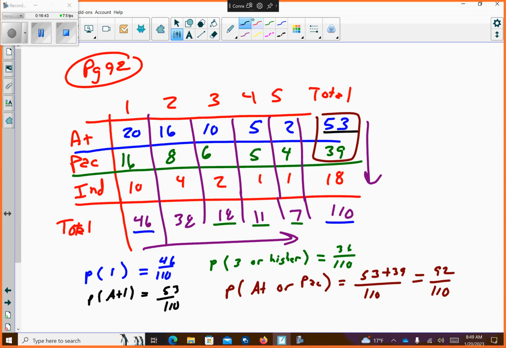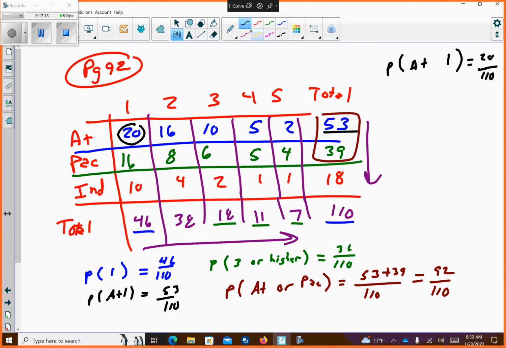And then the probability of selecting Atlantic and category 1. Atlantic category 1 is a 20 out of 110 probability. Sometimes it's nicer if you convert it to a decimal, because that's easier to figure out the percent chance.